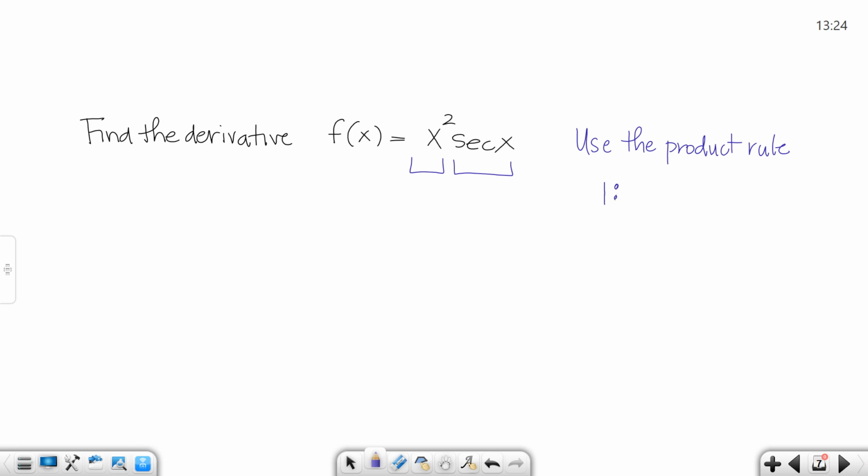So we have function 1, and then we're going to have d1, and function 2, and then we're going to have d2. Okay, so my first function is x squared. Its derivative is 2x. My second function is secant of x, and its derivative is secant x tangent x. Again, how I got d2 was I looked at my rules that I provided for you in the Canvas course. The derivative of secant is secant tangent. Please know those for your test.